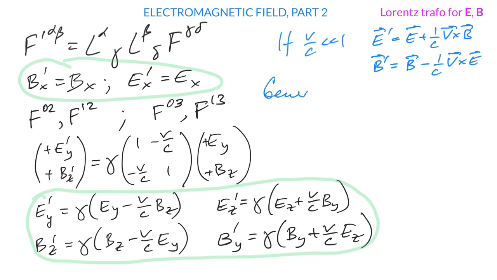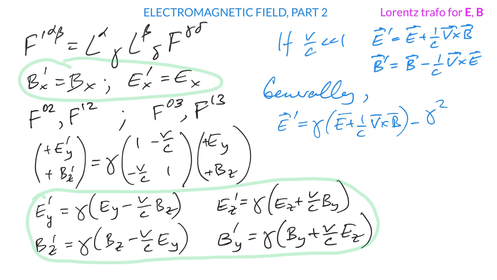So generally, we'll have a more complicated expression. So for E prime, we'll have gamma times E plus 1 over C V cross B, and then we subtract gamma squared over gamma plus 1, over C squared, V dot E.